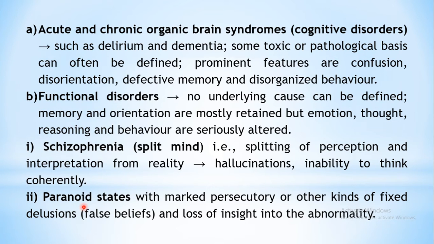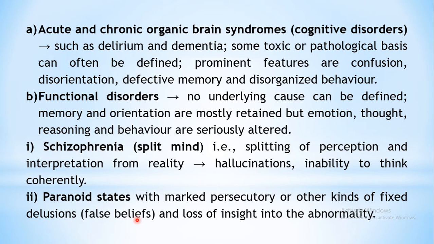Then the second type of functional disorder is paranoid states. Here there are persecutory or other kinds of fixed delusions. Persecutory delusions are those which are totally not going into the actual situation. The person will have their own belief.